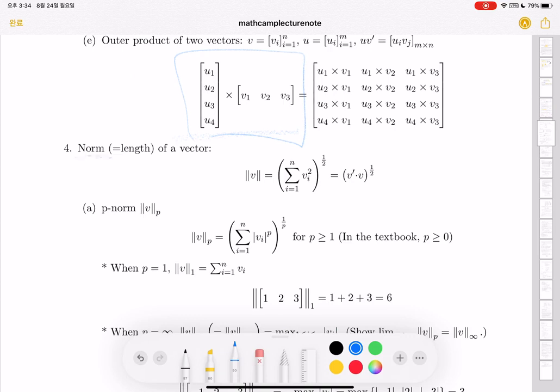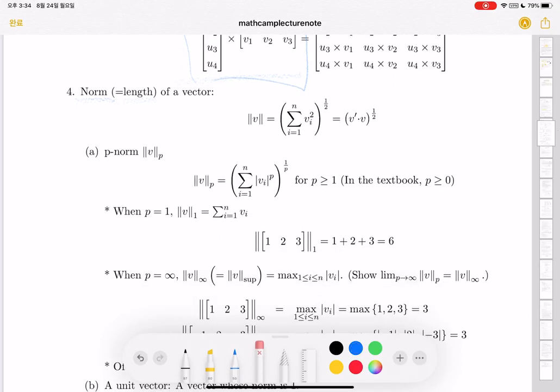Norm means the length of a vector. If you do not have any other restriction, a norm or length is the two-dimensional Euclidean length, or just Euclidean length.